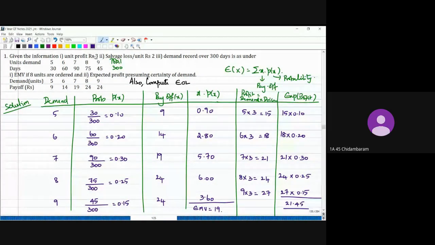Sir, in expected profit, is it 24 into 0.15 or 27 into 0.15? 27 into 0.15. The payoff is 24 only, sir. Sorry, sir. Got it, sir.